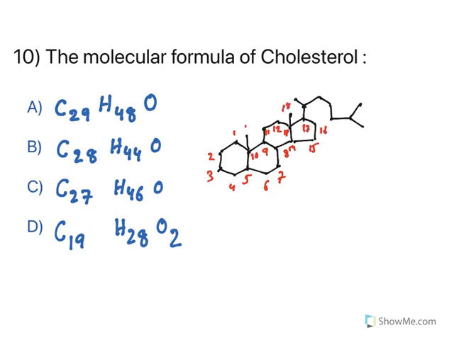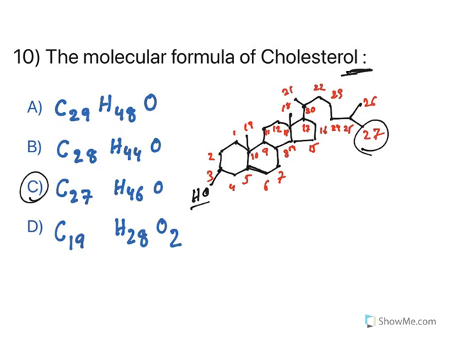And this one is 18, this one is 19. And here it comes 20, 21, 22, 23, 24, 25, 26, 27. Now for your knowledge, there is a double bond between 5 and 6 and an OH group at the third position. That is why it is known as an alcohol derivative. So totally how many carbons are there? 27. So what could be the answer? C, C27H46O. So again, learning structures is very important. Moving to the next one.